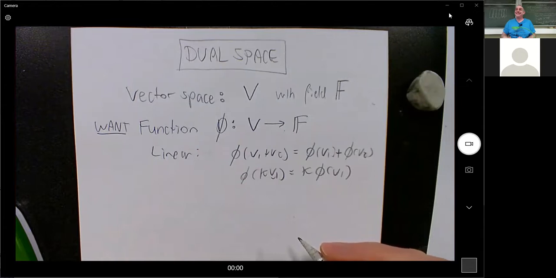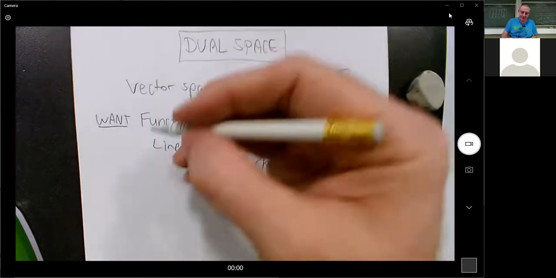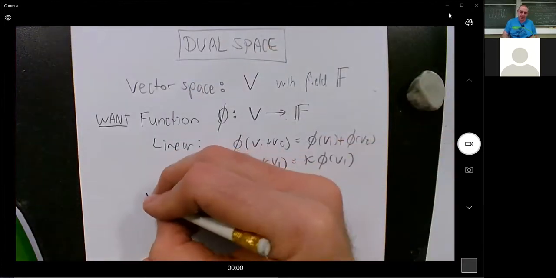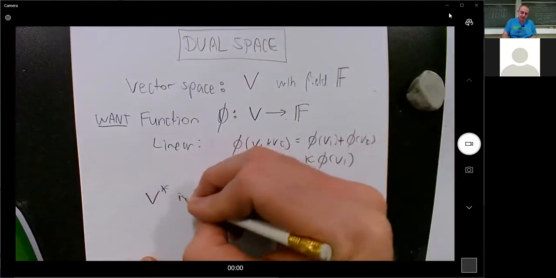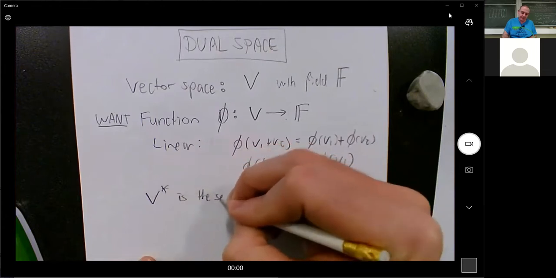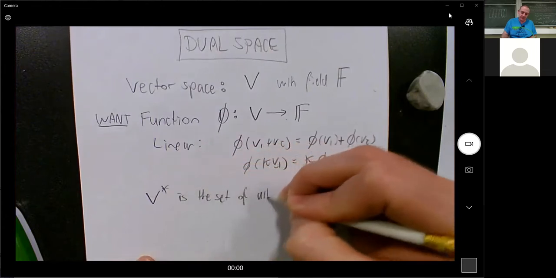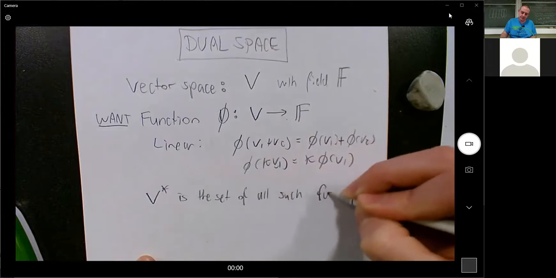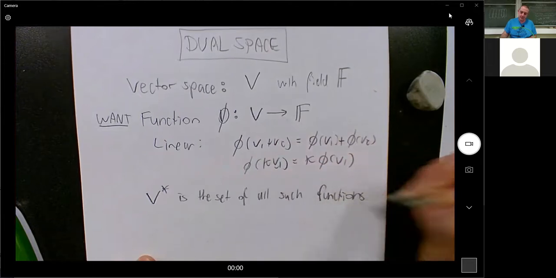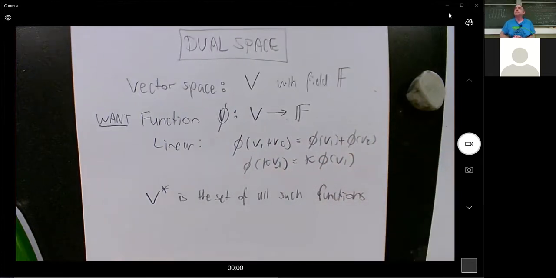I need an example, but yeah. So V star is the set of all such functions. And it is the dual space of V. It is a vector space as well.